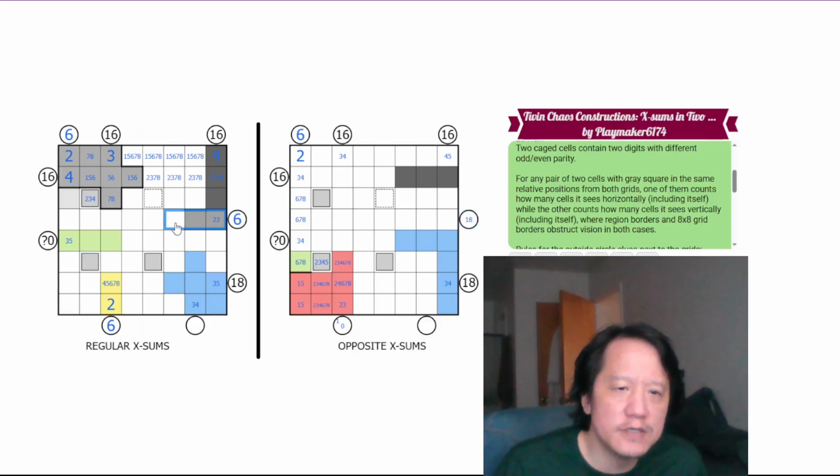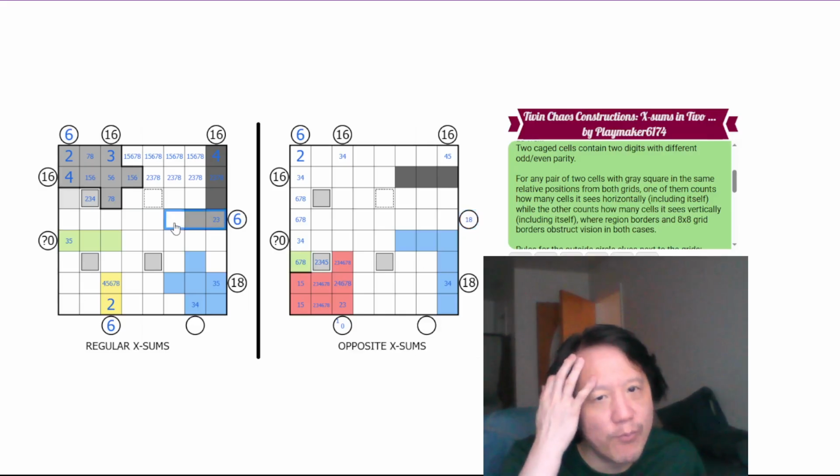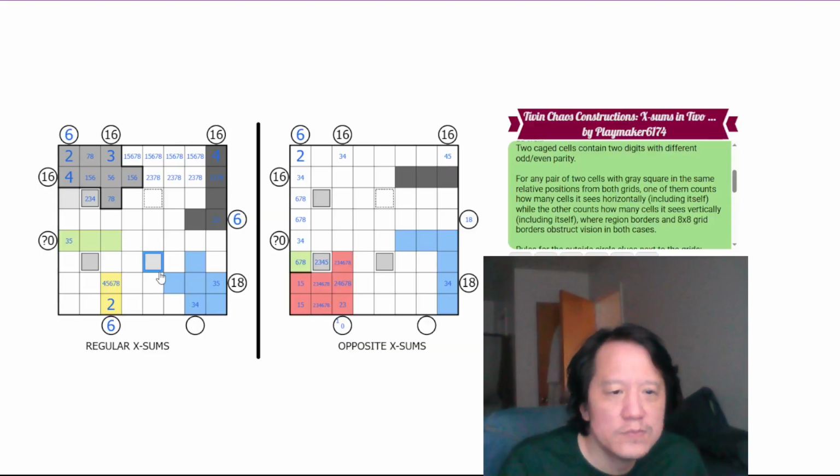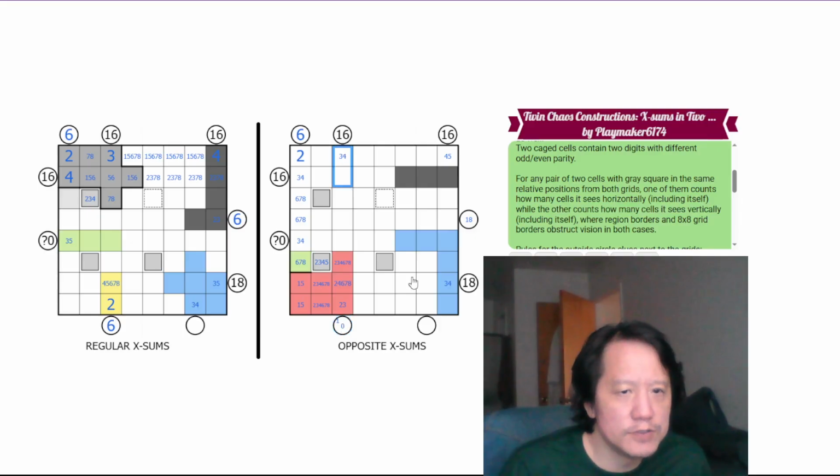Six to 18 here still. 6 to 10 here. So these two are part of the same region.